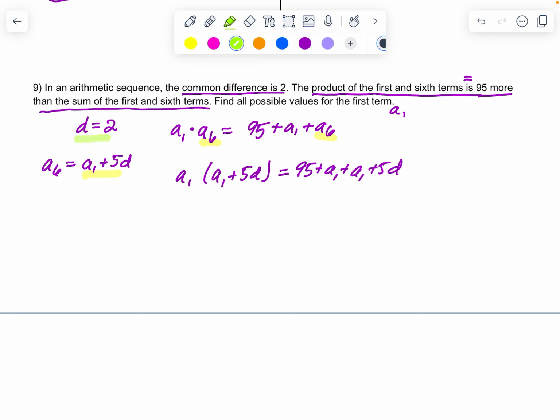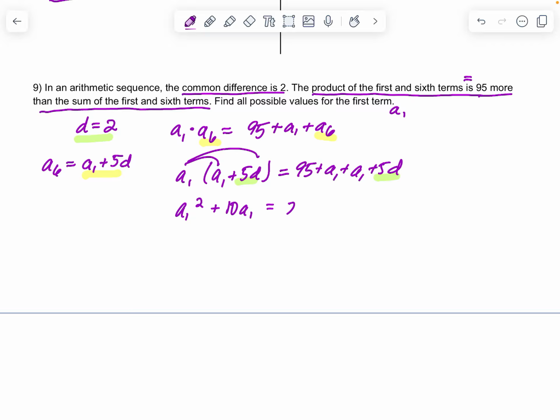Okay, we also know that d is 2, so 5 times 2 would be 10. I'm going to rewrite this one more time, and I'm also going to distribute this in: a sub 1 squared plus 10 a sub 1 equals 95 plus 2 a sub 1 plus 10. Slowly working our way through. I'm going to rewrite this one to be 2a sub 1 plus 105, just to combine it all.